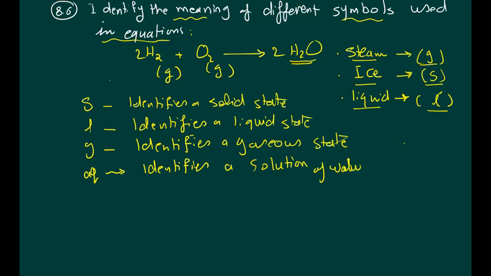Like when a salt dissolves in water: if you have sodium chloride salt and you dissolve it in water, it's going to form sodium chloride solution. You should represent it as AQ.